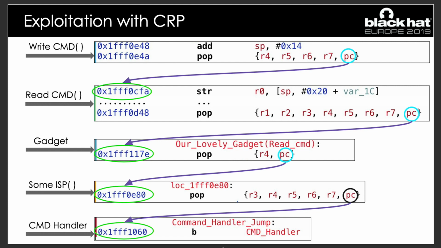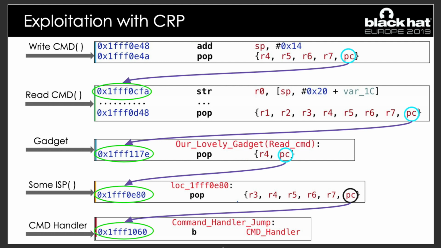And then from our gadget, the PC of it, we made it jump to some ISP function. And then the stack was set up so that the PC of this function will have an address that will eventually jump to the command handler. So by itself, this PC, the black circle, had this address, 1060, inside it.